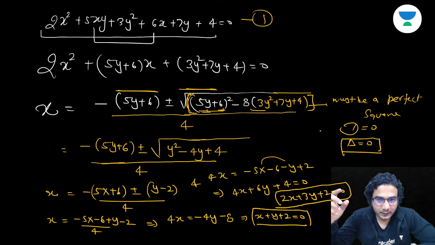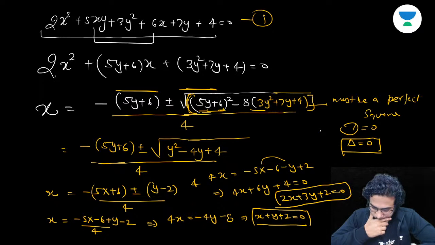What is this 60y? Where are we getting that 6? Wait a minute.